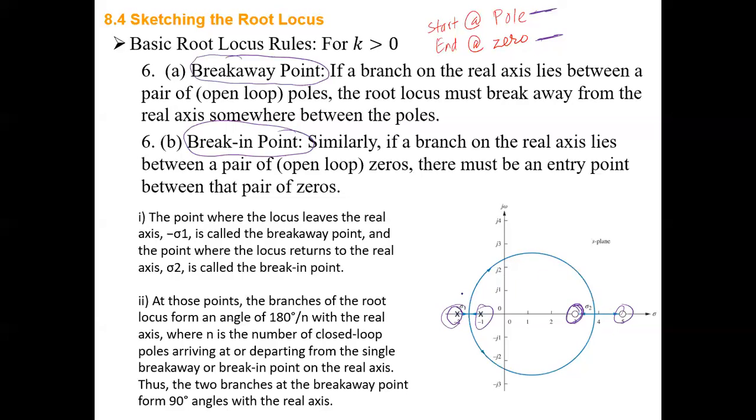Okay, so it starts at this pole and ends at this zero. While doing so, this guy has to have some path, right? This guy goes through here and goes this route.